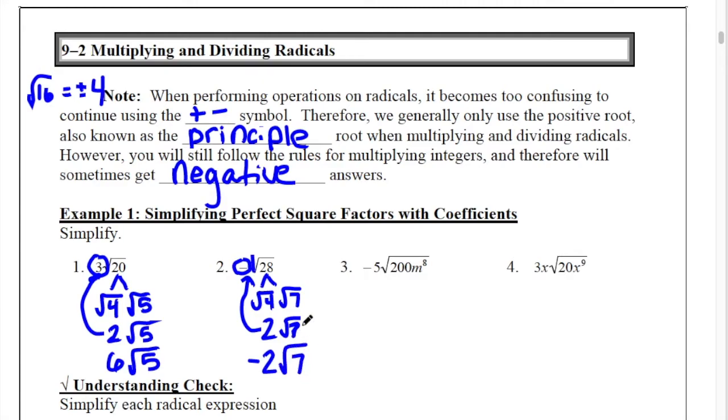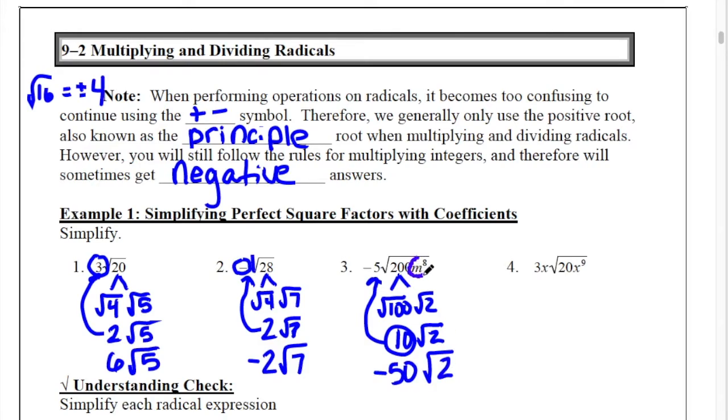Now we're going to get into some variables, so let's just take care of the 200 first. The square root of 100 times the square root of 2, which is 10 root 2. The 10 gets combined with the negative 5 coefficient that's already there, so we have negative 50 root 2.